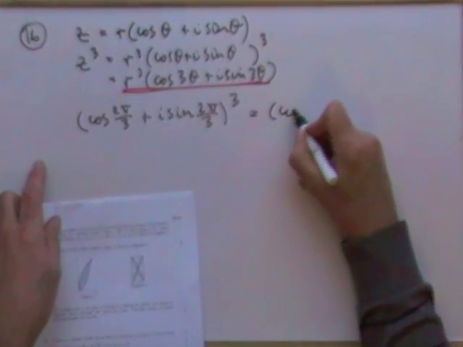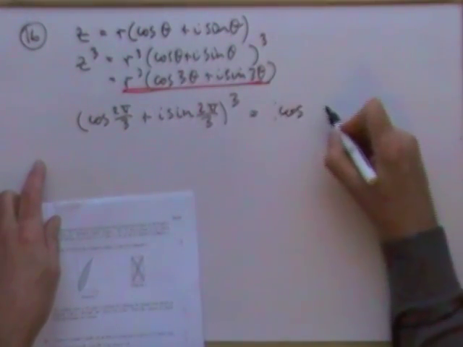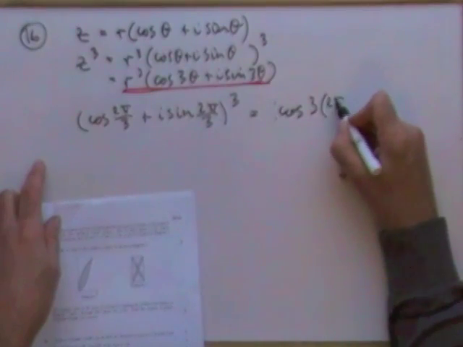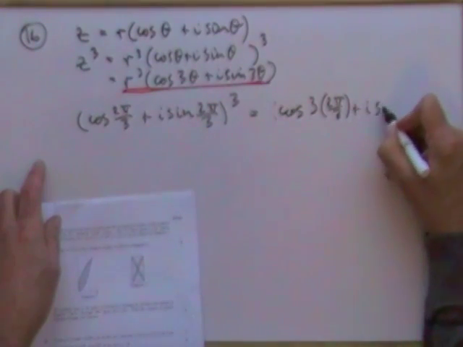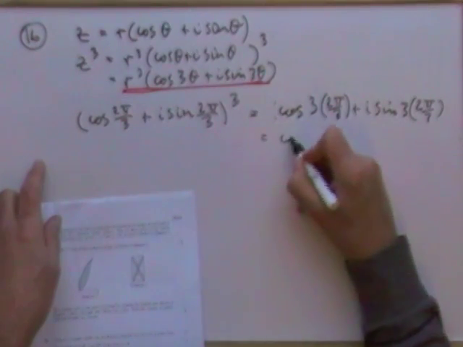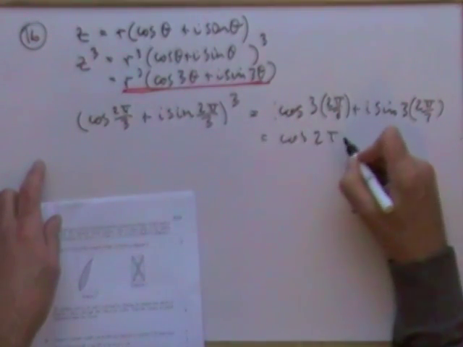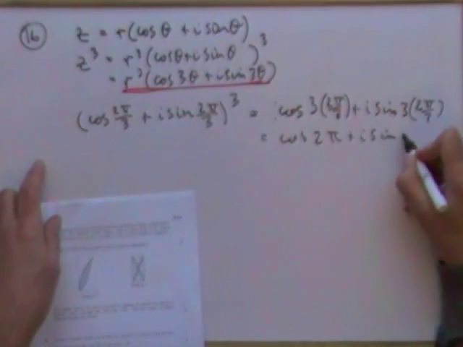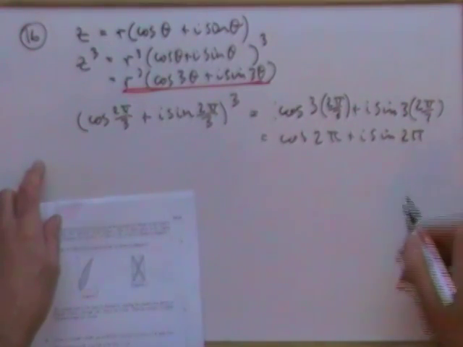So that's simply going to be cos of, and I have to show this then, 3 times 2 pi upon 3 plus i sine 3 times 2 pi upon 3, which will just be cos of, 3's cancel, 2 pi, plus i sine of 2 pi.